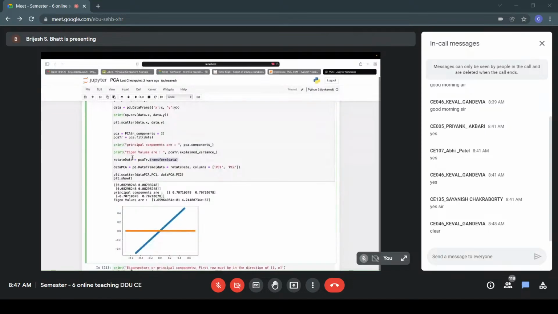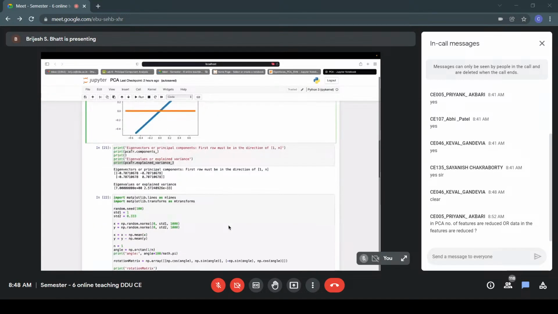Once you know the principal axis, you know the difference between the original axis and the principal axis, and calculate them. So this is what PCA transform will do, and line up the data along that axis. This is the visual representation where you represent the data on the principal axis.